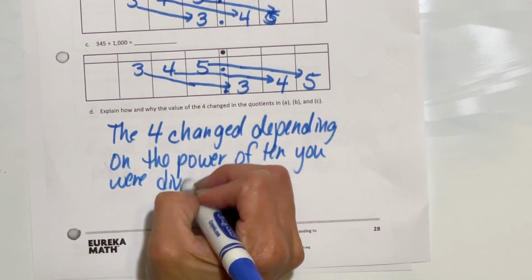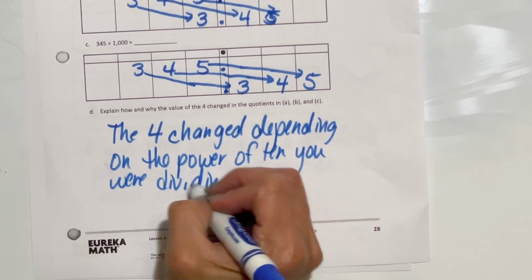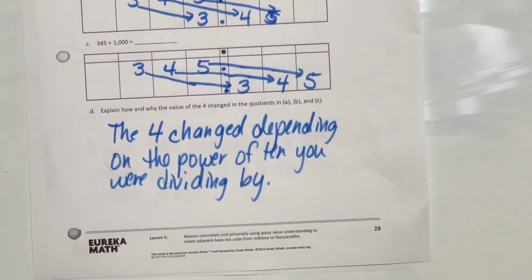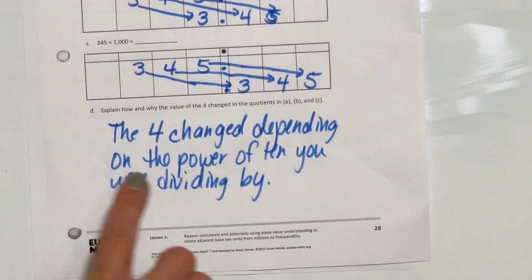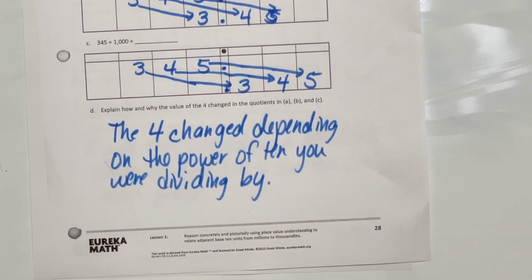Now, what I mean by that is if you've got the power of 10, that 4 shifted one place. When it was the power of 10 to the second power, it moved 2 places. When it was 10 to the third power, or 1,000, it moved 3 places. So it depended on the power of 10 that you were dividing by how that 4 changed.